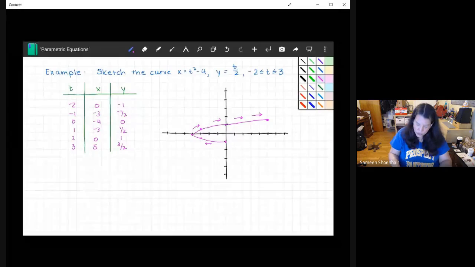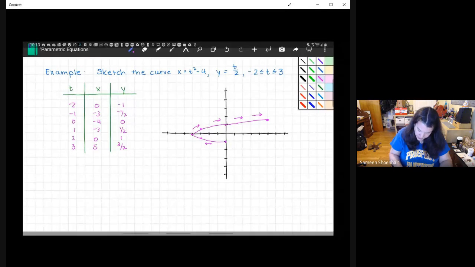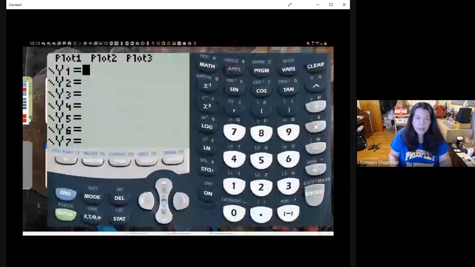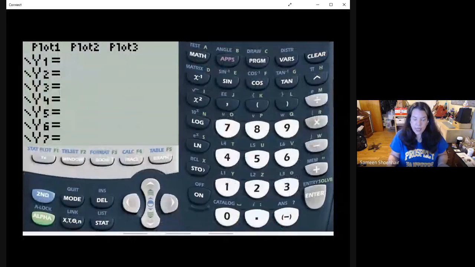Now, the thing I do want to show you real quick is on the calculator. So here's our graphing calculator. I don't know if you've ever wondered about this button down here, the X, T, theta, n. Every time we hit it, we get an x. What's all this other stuff on there? Well, I'm going to hit mode.